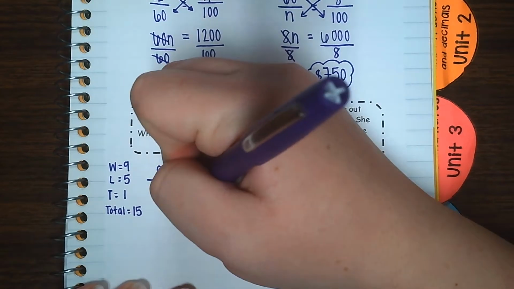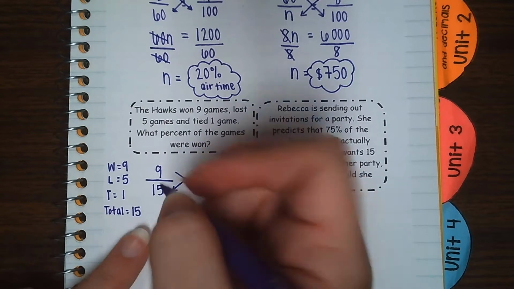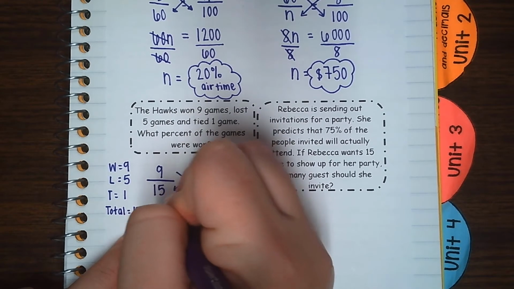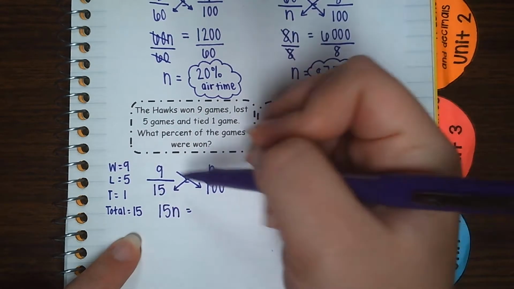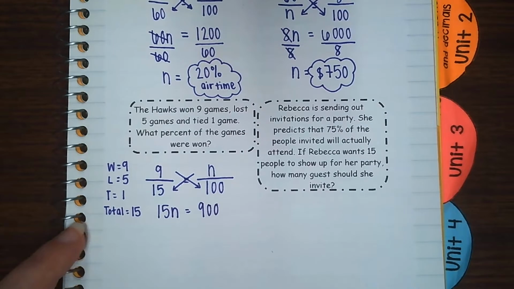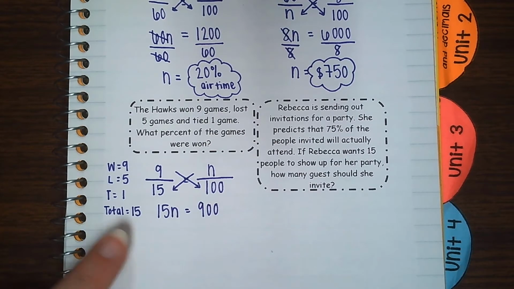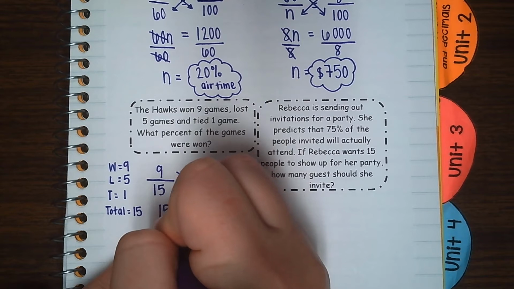We can cross multiply. N times 15 is 15N. 9 times 100 is 900. Divide by whatever is in front of your N. So we're dividing by 15.